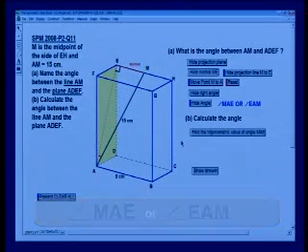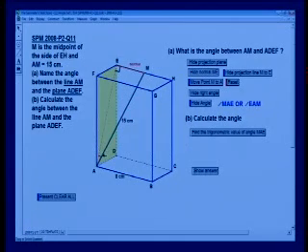Now we proceed to calculate the angle. Look at this right angle triangle, MAE. We are going to find the angle here. So the opposite side is EM, which is half of AB, 4 cm, and the hypotenuse is 15 cm.